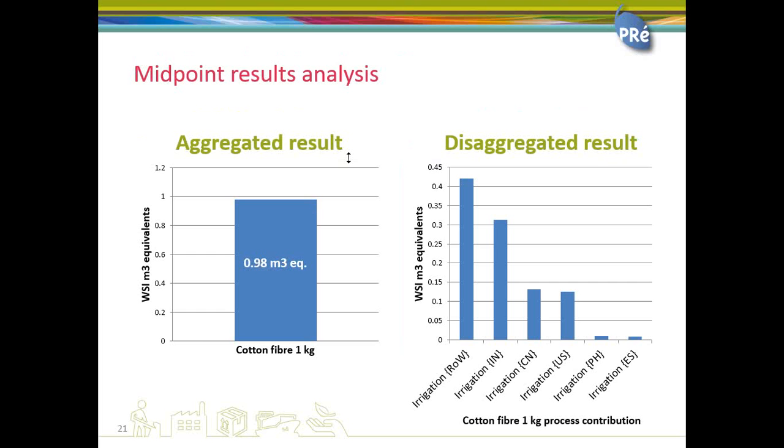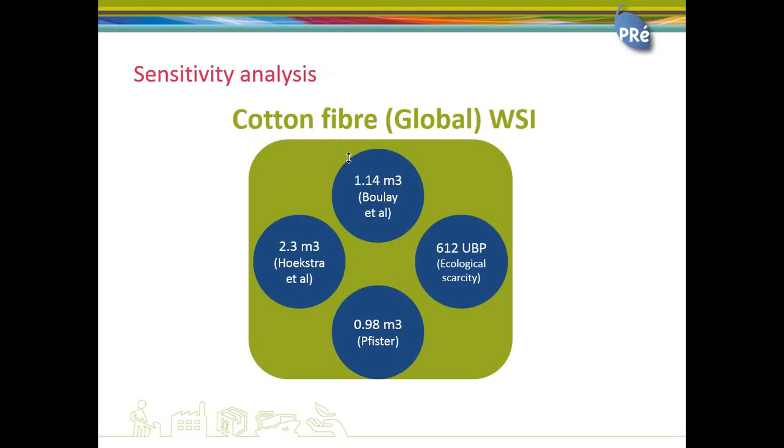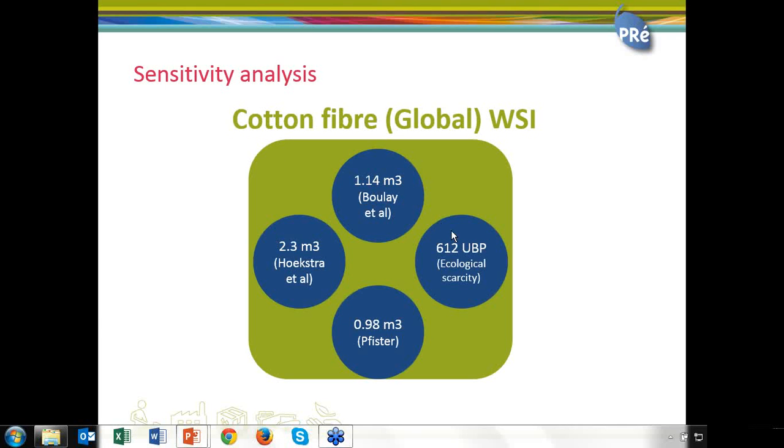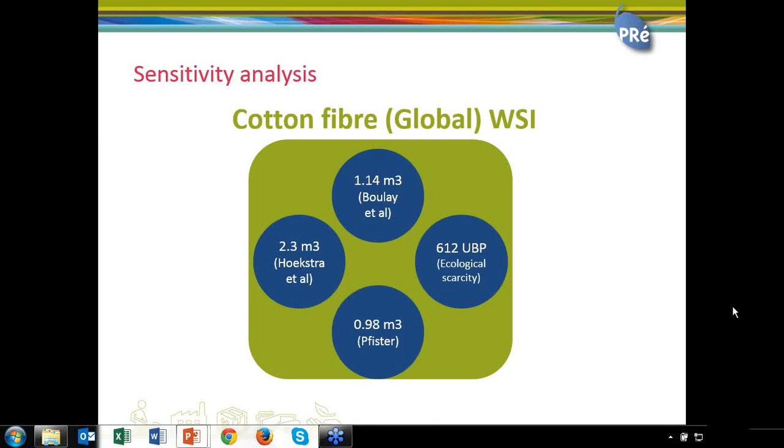A few additional questions. What is the UBP unit that one of the methods uses instead of cubic meters? Essentially, that's their eco points. The Swiss ecological scarcity is essentially a distance to target method, and they normalize their scarcity factor based on the water data.